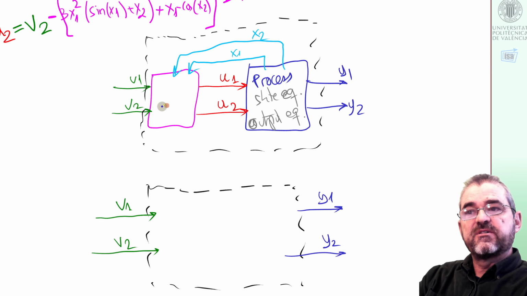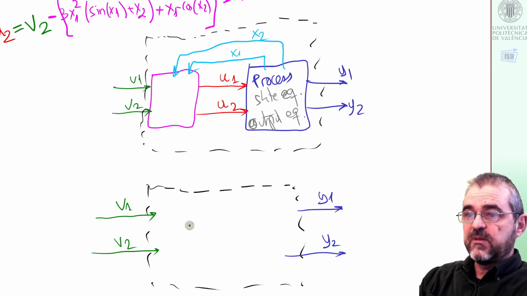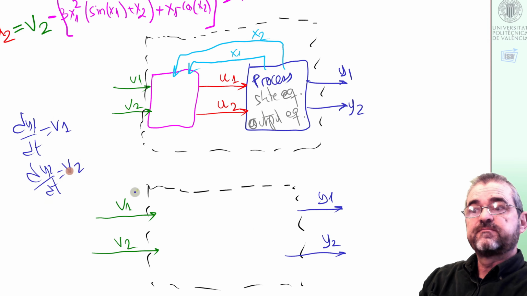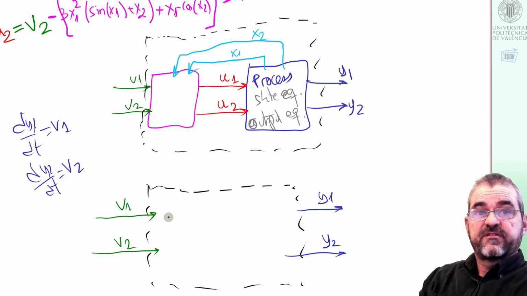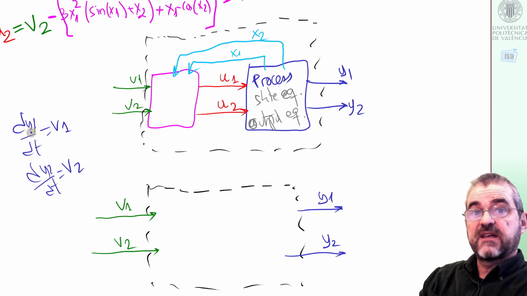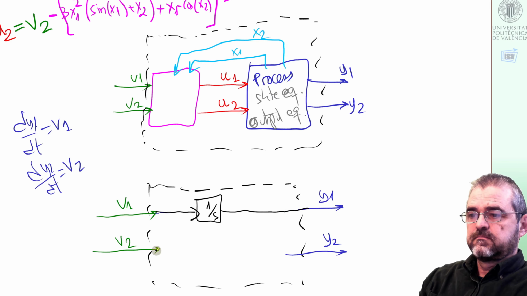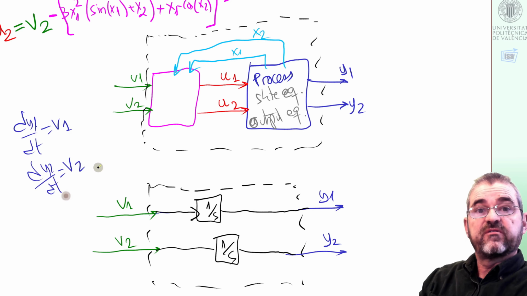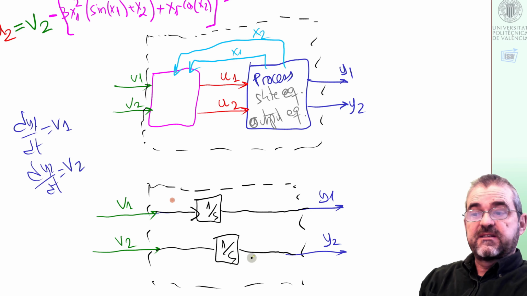This is executed by my computer, this is executed by nature, but at the end, if v1 is the derivative of y1, and so with the second output, it means that the transfer function between this artificial input and output y1 is an integrator. y1 is the integral of v1, y2 is the integral of v2. So this is the apparent transfer function that all this code and physics end up having if we look at it from this artificial v1, v2.